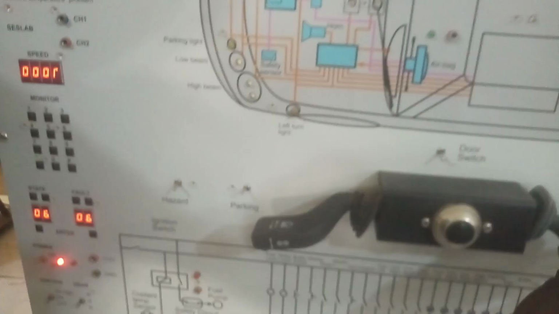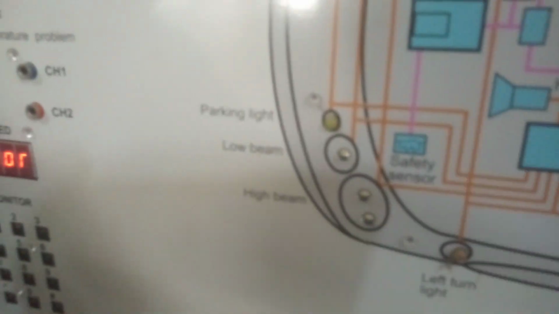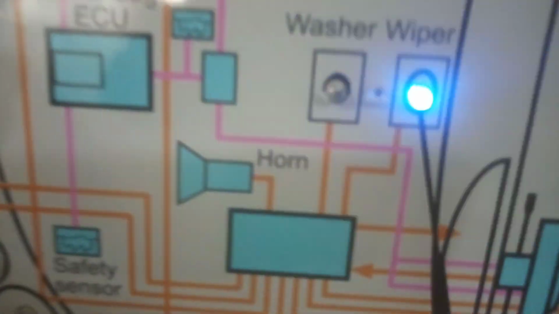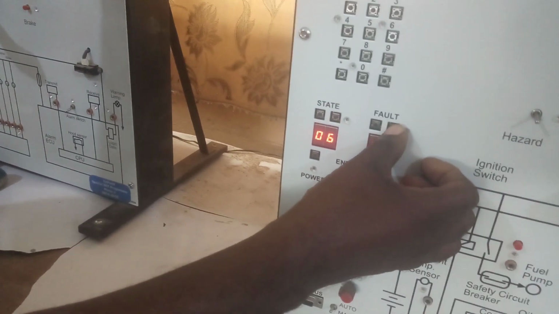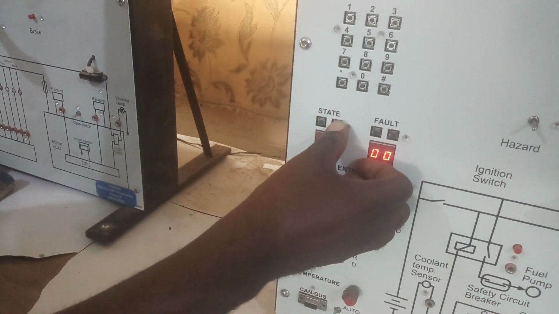You can see the wiper is working, but the washer cannot work, telling you that there is a problem with the washer. Let's remove it and see if the light will show to tell us that there is no fault.